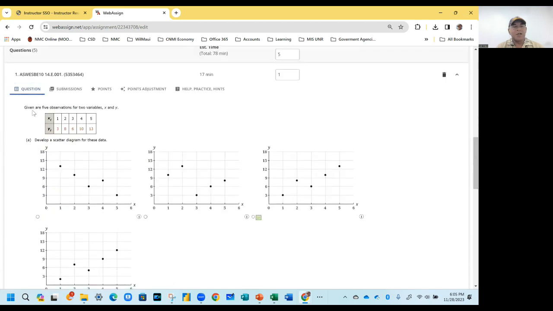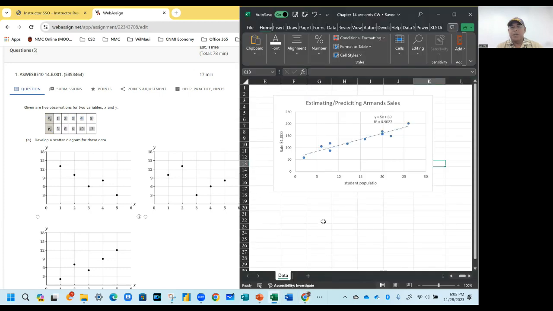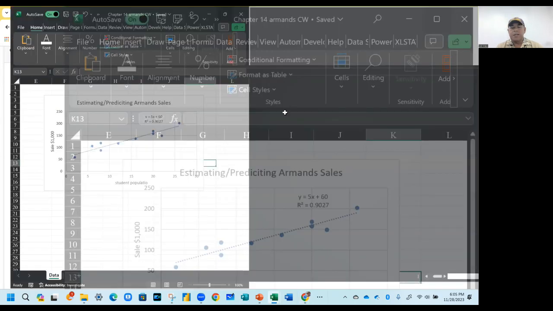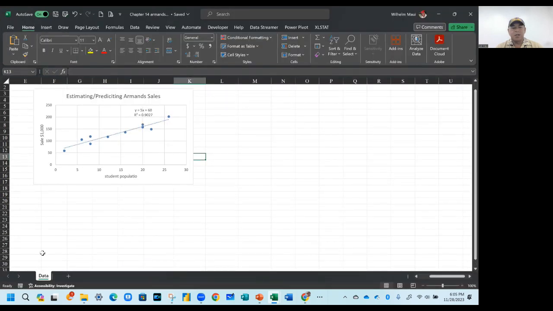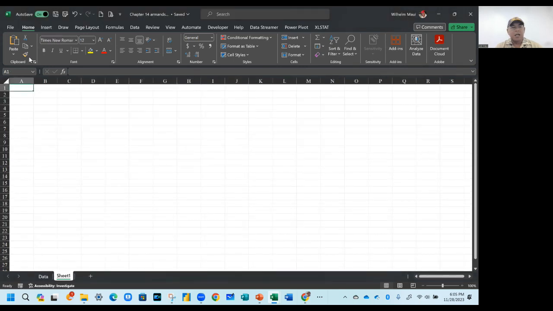I'm going to copy the data, and I'm going to go to Excel. I'll just use the same workbook and get a new worksheet. So I'll paste the values there.